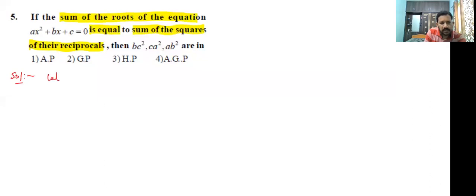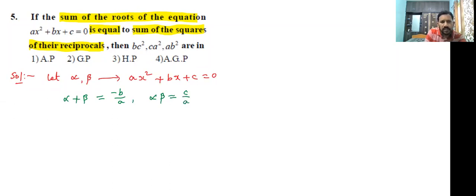Let alpha comma beta are roots of the quadratic equation ax square plus bx plus c is equal to 0. Sum of the roots. What is the formula? Minus b by a. Product of the roots? c by a.